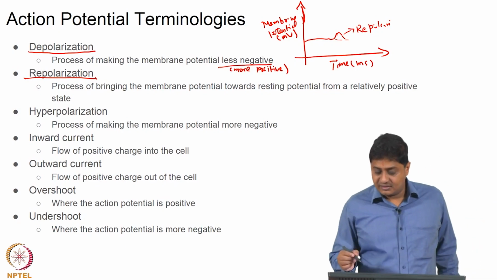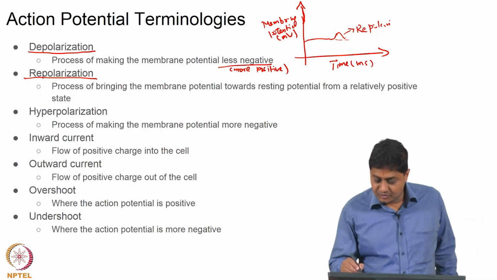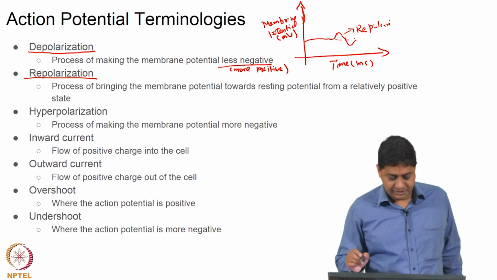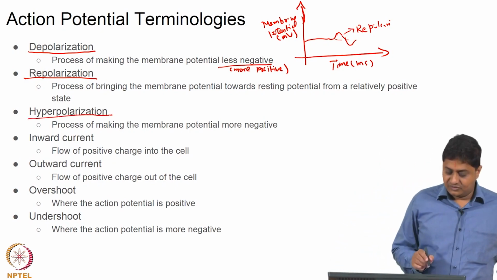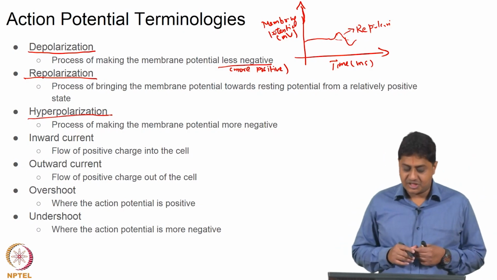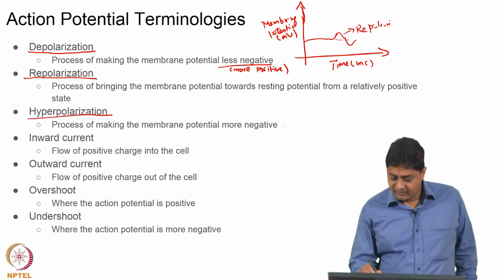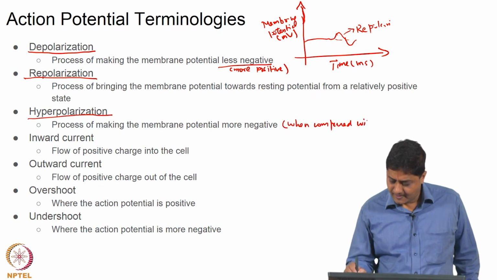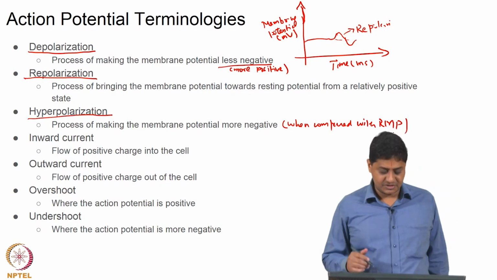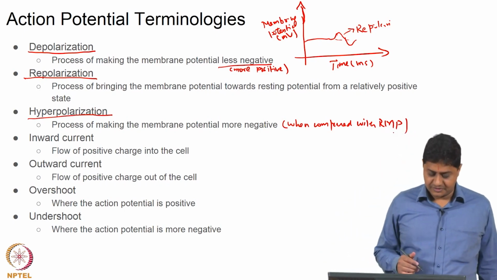If I make the membrane potential go lower than the resting membrane potential, that is called hyperpolarization. This is the process of making the membrane potential more negative when compared with the resting membrane potential.